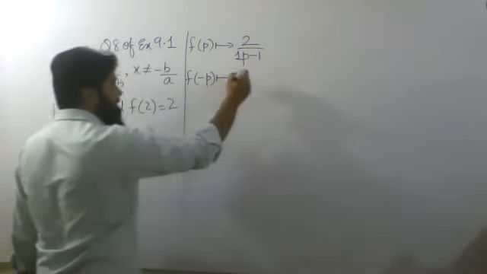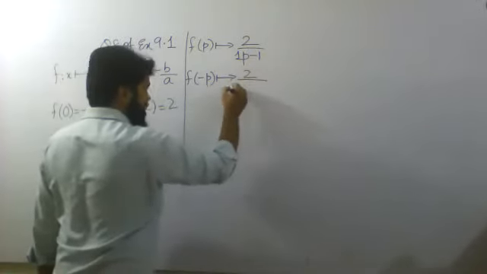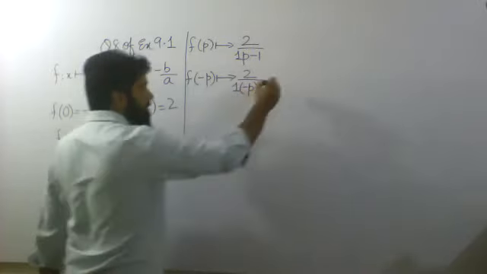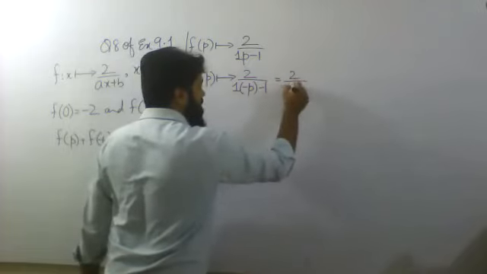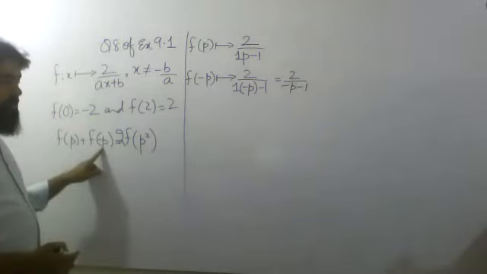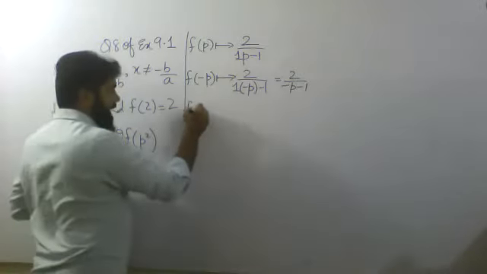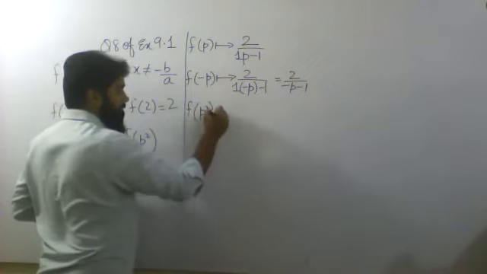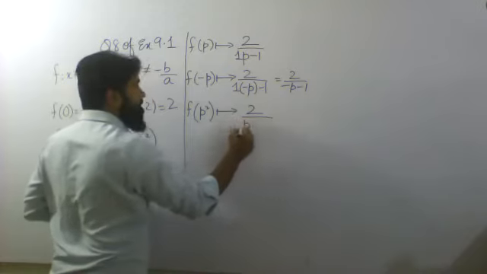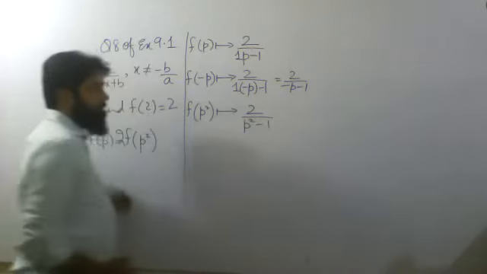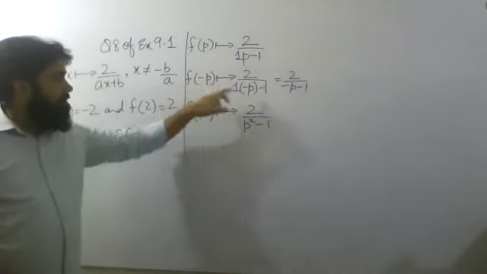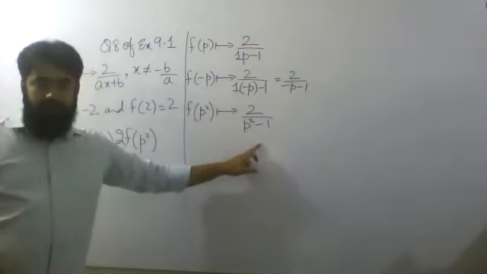So minus p means 2 upon 1 minus p minus 1. Simplifying it, 2 upon minus p minus 1. Okay, I've got this also. Last one, f of p square will be equal to 2 upon p square minus 1. I have got function of p, function of minus p, and function of p square.